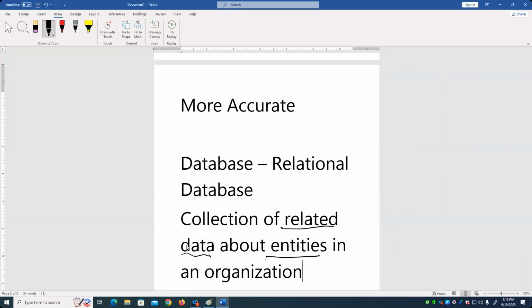So one of the ways that you identify the entities is you discuss the organization with members of the organization, hopefully of a variety of levels within the organizational chart, and you write down the nouns.